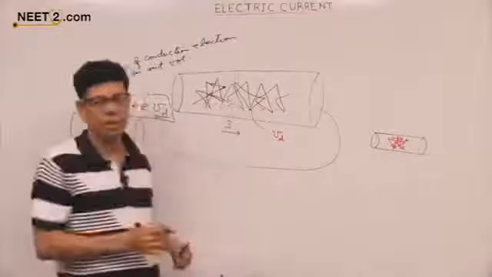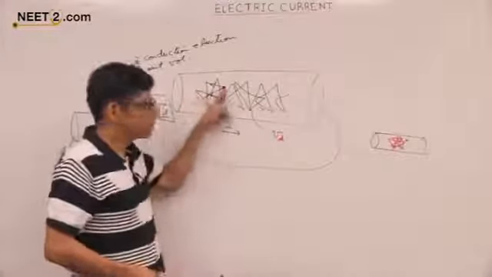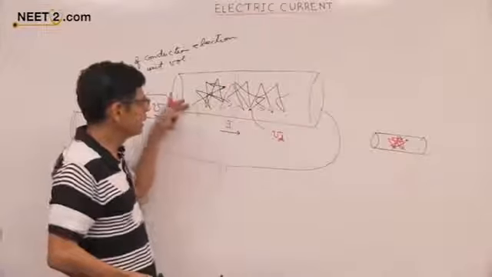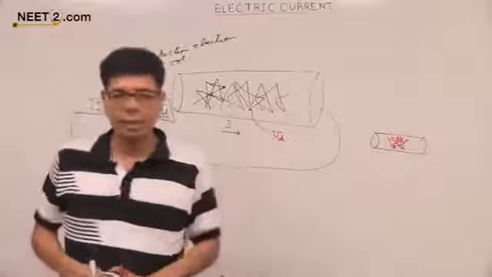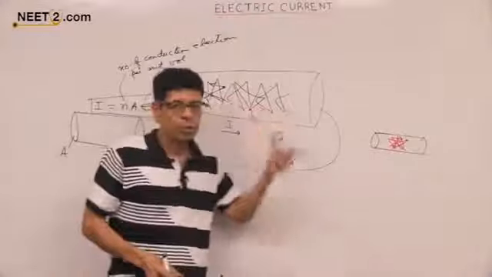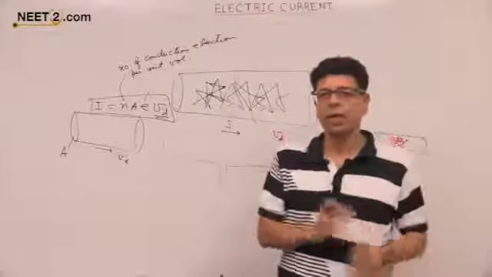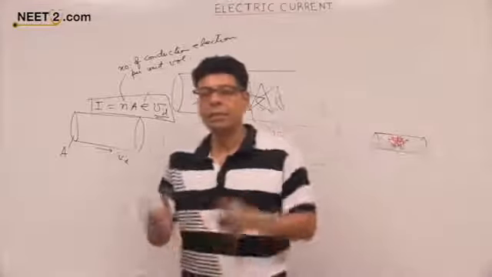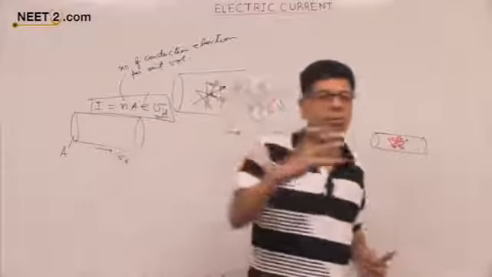So the electron goes that way. If the particles of the material weren't there, then the electrons will find the going much easier. So the material puts a resistance in the path of the moving charges. Okay, so that's the concept of resistance. The material comes on the way and resists the charges from moving.